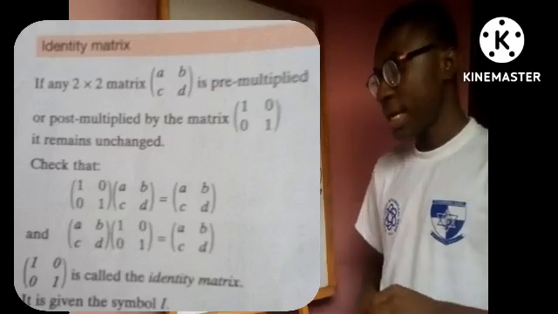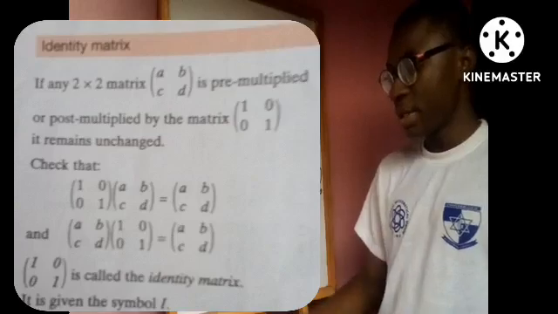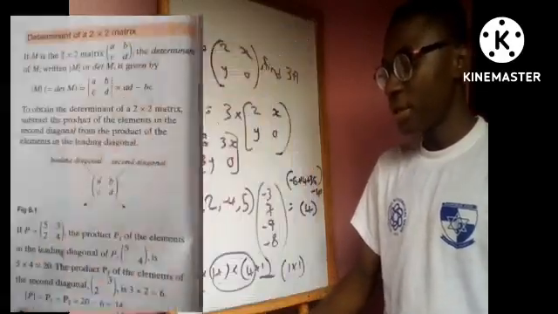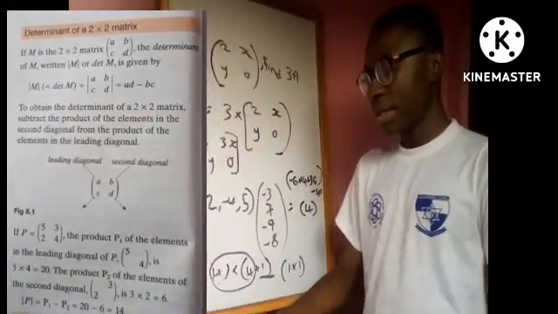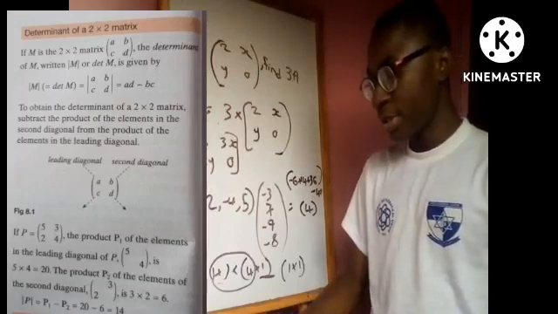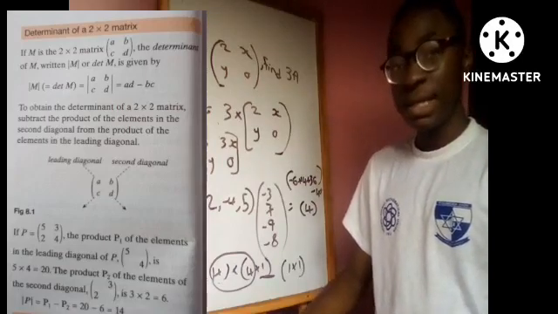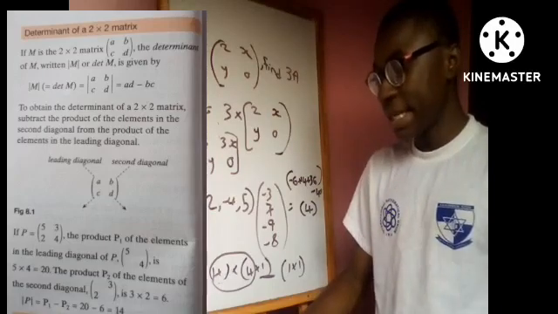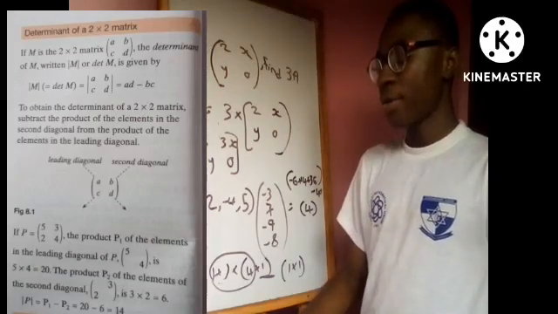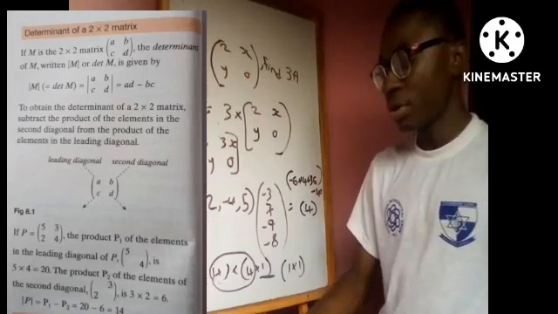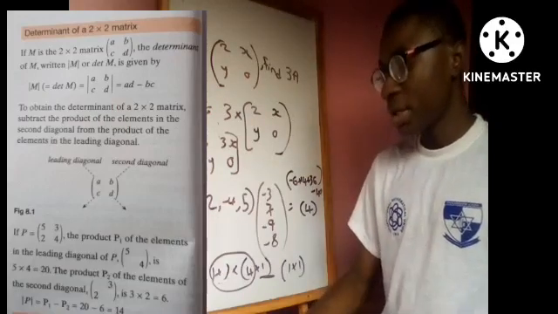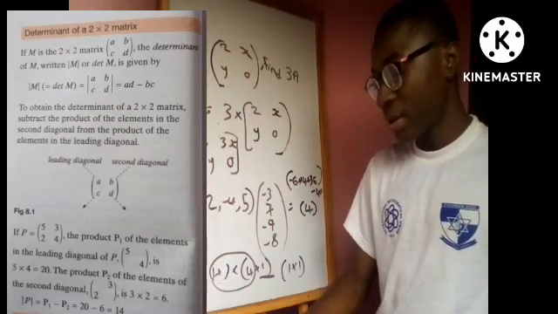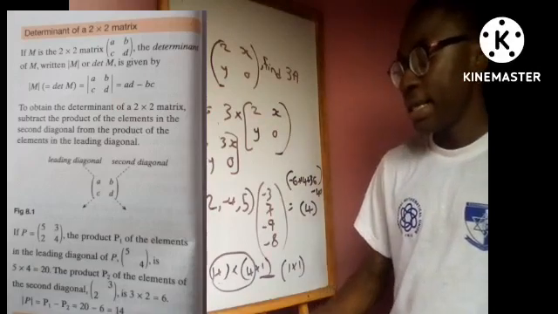Then let's talk about the determinant of a matrix. If M is a 2 by 2 matrix, the determinant of M, written as |M| or det M, is given by AD minus BC.